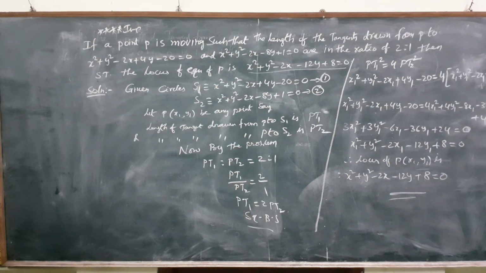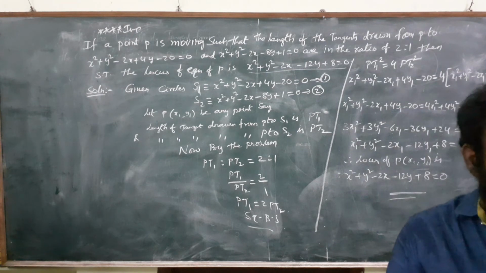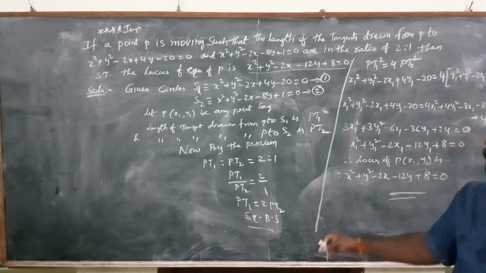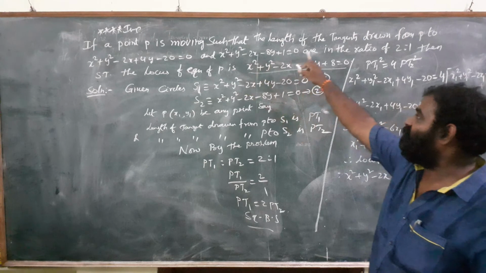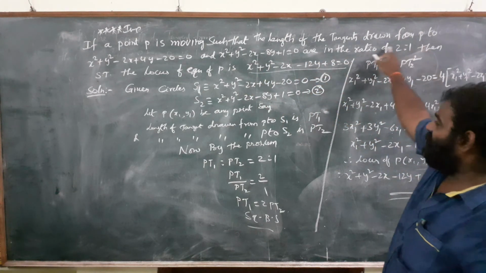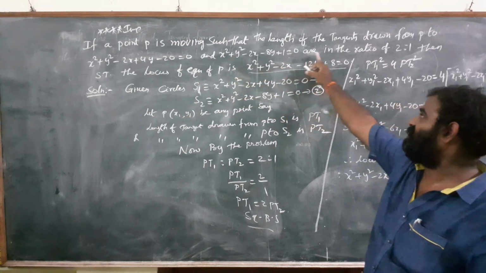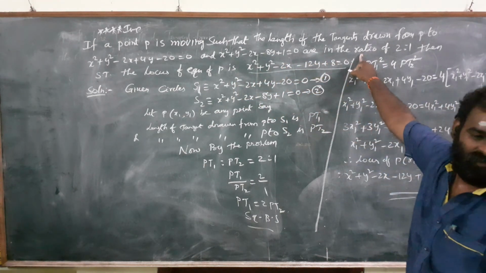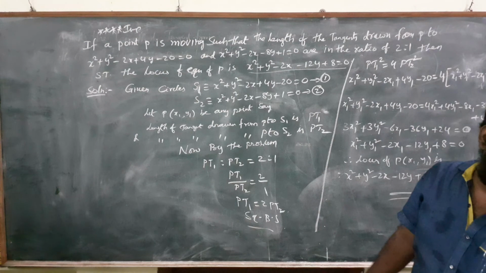In some other problems they ask like this also. Observe, point P is moving such that the lengths of the tangents drawn from P to that circle and this circle are equal. Not in a ratio, but equal.